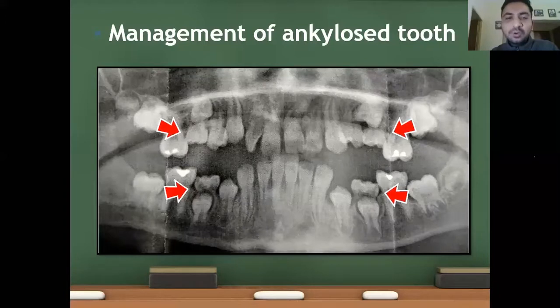As I have told over and over again, they will erupt either buccally or lingually, resulting in malocclusion. How can we prevent the buccal or lingual eruption of the second premolar? By extracting the ankylosed tooth. So surgical extraction of the ankylosed tooth, or in other words, management of ankylosed deciduous tooth, is a part of preventive orthodontic procedure. Point number 6, yeah. So management of ankylosed tooth.